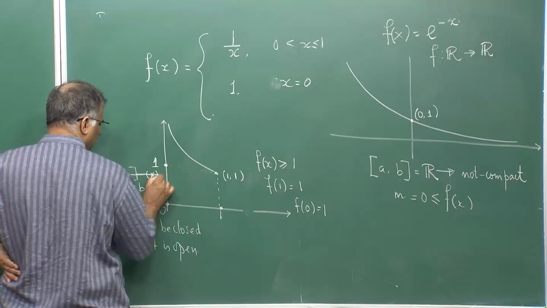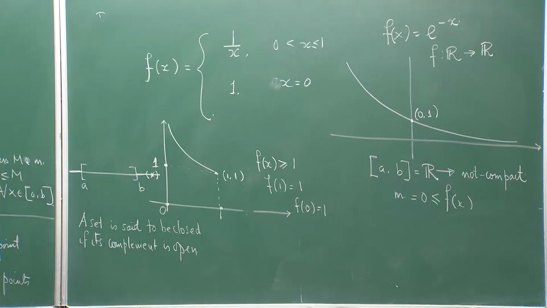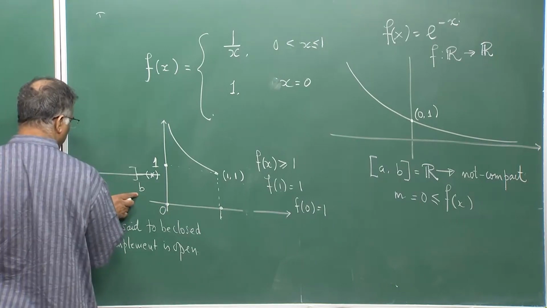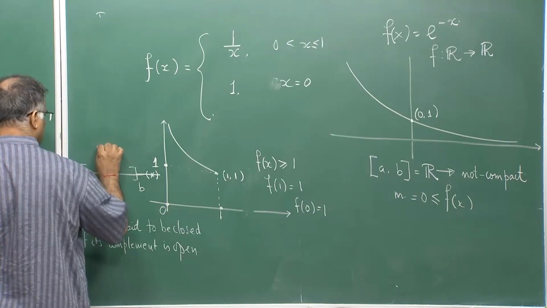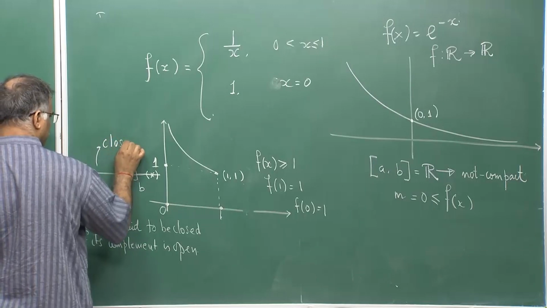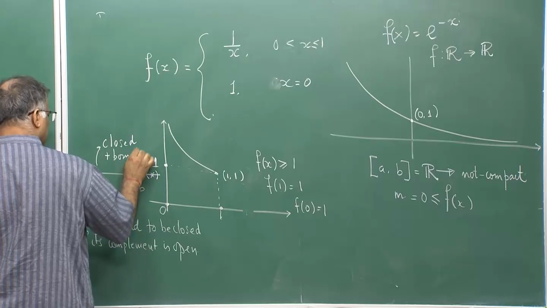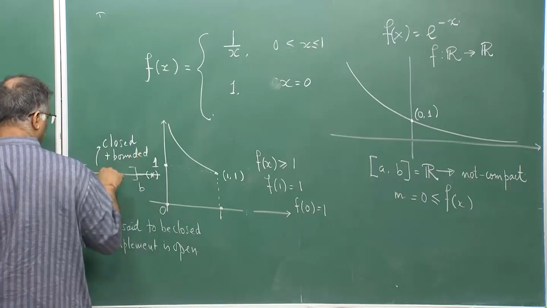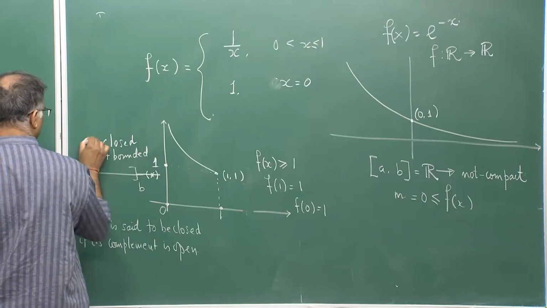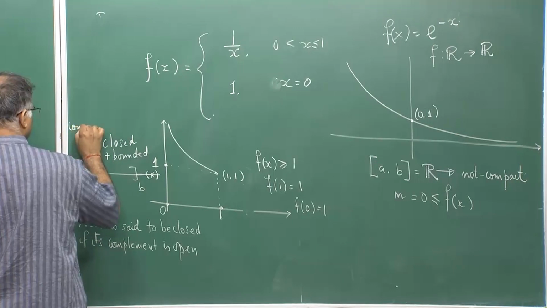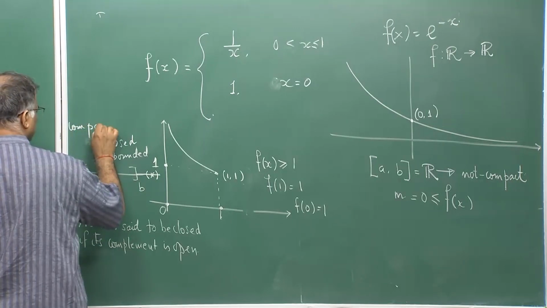You see you can have a small neighborhood around that point which lies in the complement. So, the complement of this set is open. So, this set is closed, and plus it is also bounded, and hence it is a closed bounded set. So, a closed interval is a compact set.